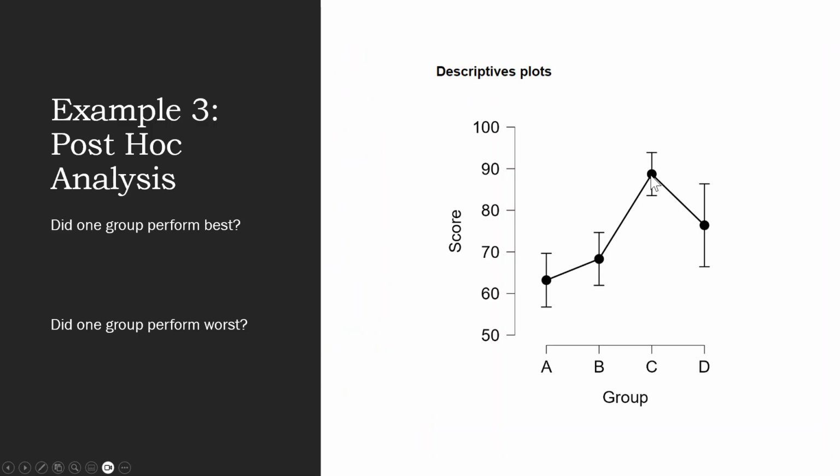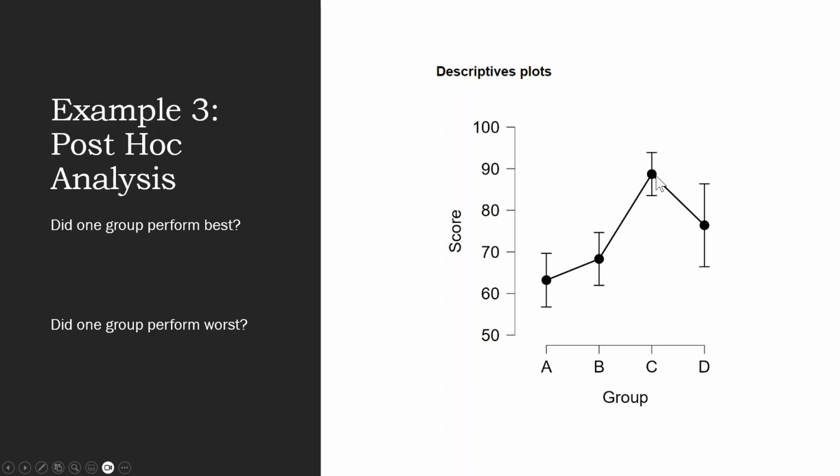And I want to look at whether the confidence interval, which is denoted by those error bars, overlap with another group's confidence interval, or if it's non-overlapping with any of the groups. And so since group C had the largest mean, it's the candidate for the group that performed the best.